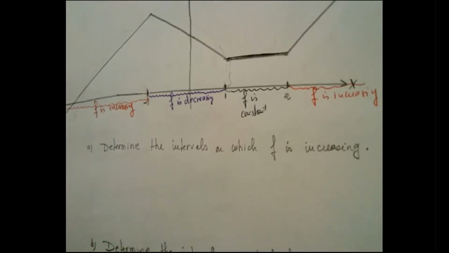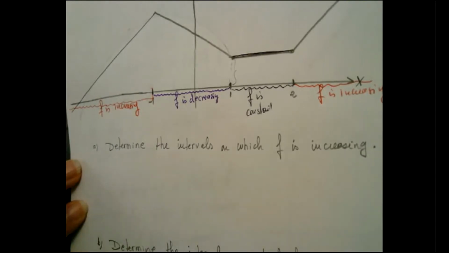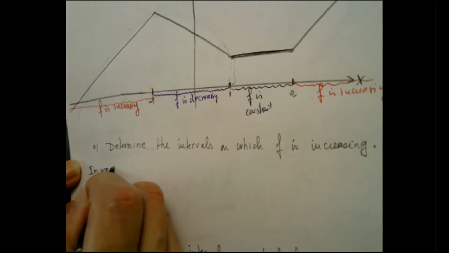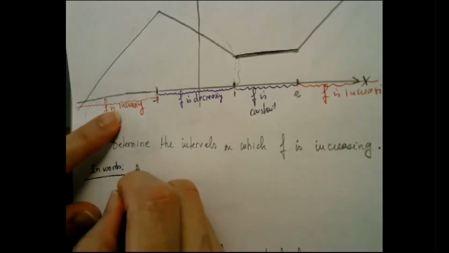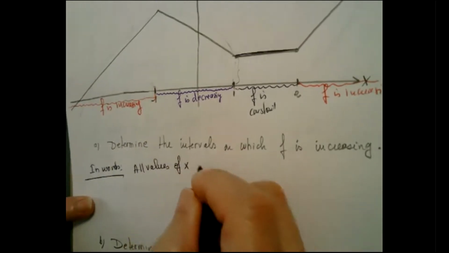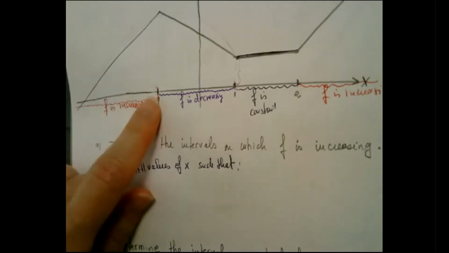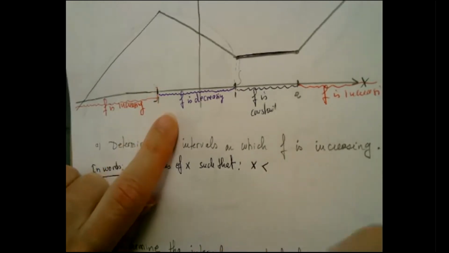So now how are we going to answer each of those? I will answer the questions in two ways, in words and using interval notation, to make it easy for us. I will first do it in words. So when is f increasing? I look at my graph. In words, f is increasing for all values of x that have the following properties: all values of x such that x is less than or equal to -1.